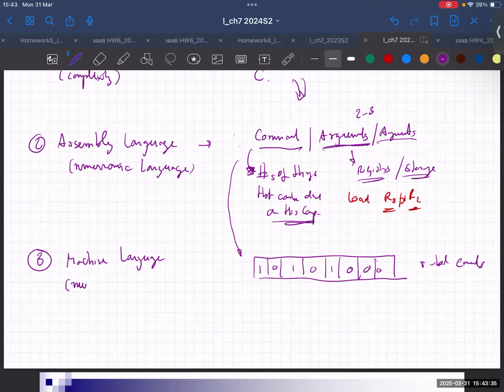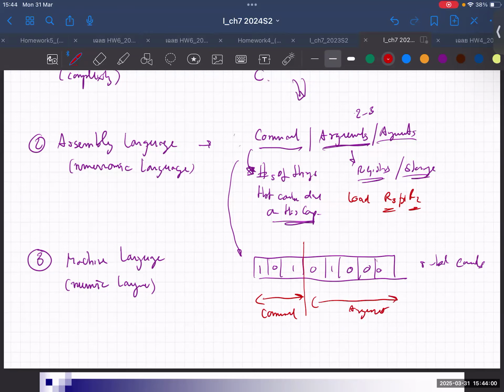So it is like a numeric language, like numbers. It gives you a number 1011, and usually it's not clear unless you understand the structure of the commands. For example, if it has 2 or 4 bits, you can divide it: this will define the commands, and this will define the arguments.